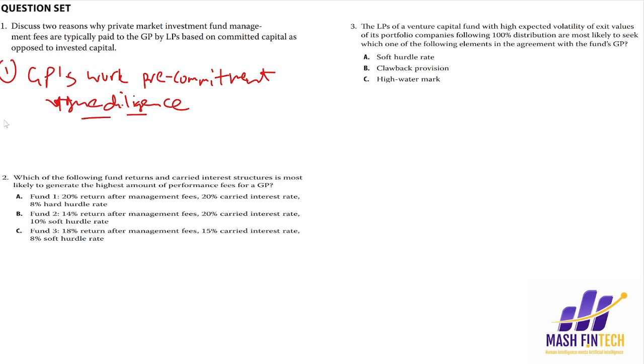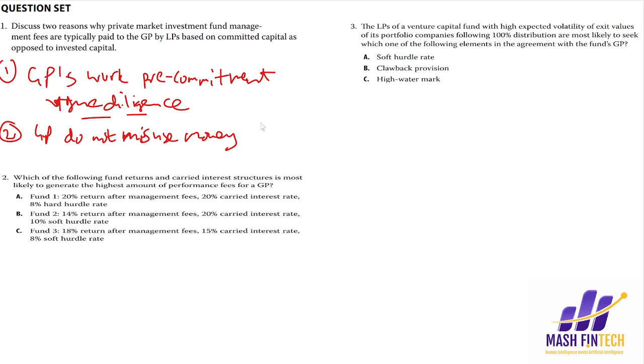And then number 2, when they are paid according to the committed capital, it means these GPs do not misuse money. They have to keep this money until they find investments that are lucrative, and then they invest in those.